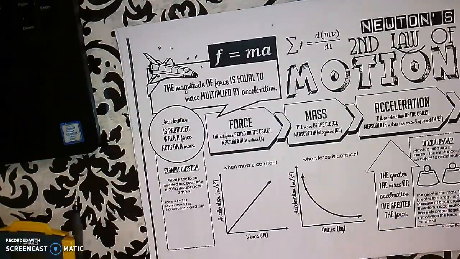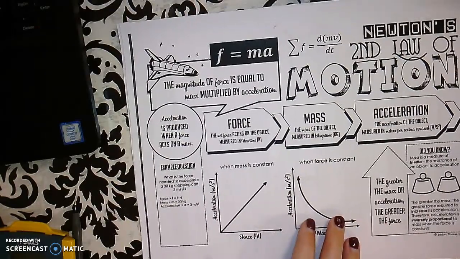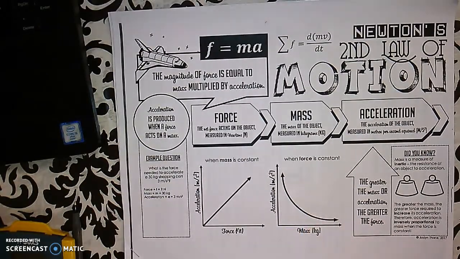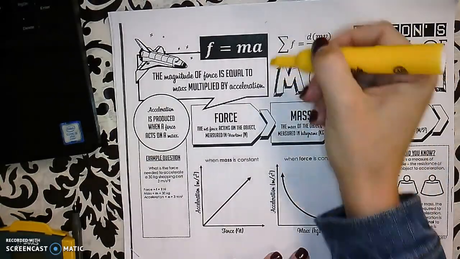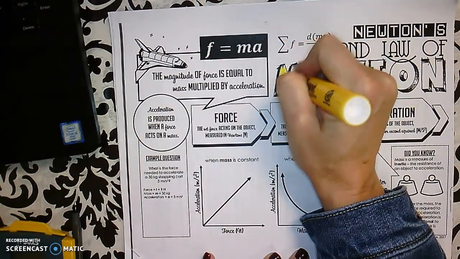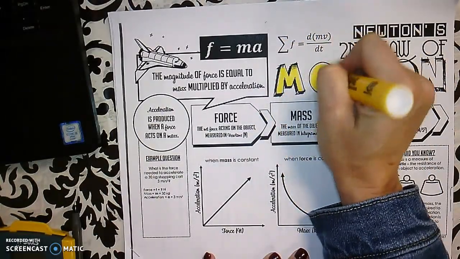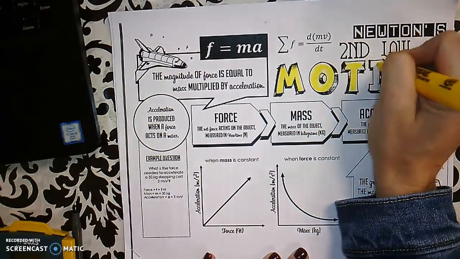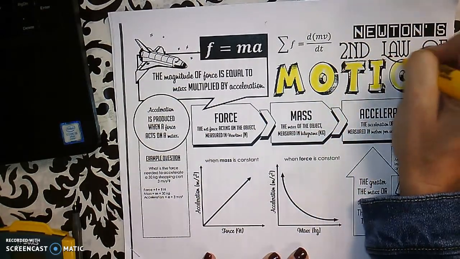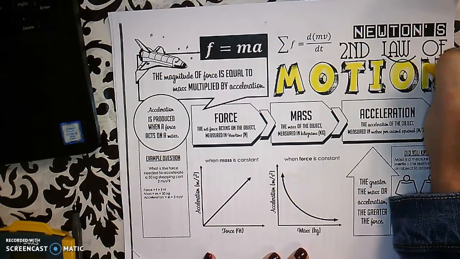What I would like to do first, because this looks very similar to Newton's first law of motion packet, is maybe just take a second and add a little color up here and make this part stand out.